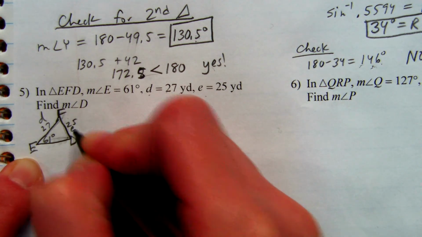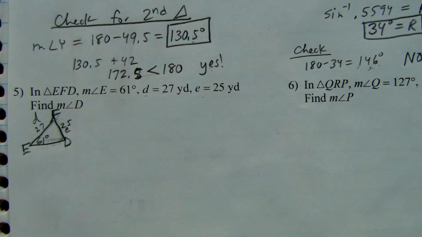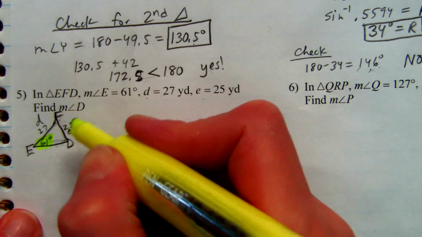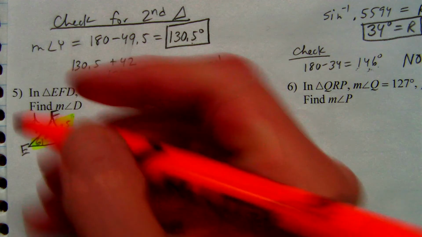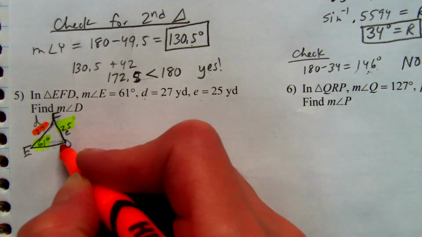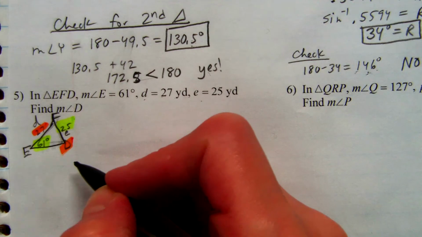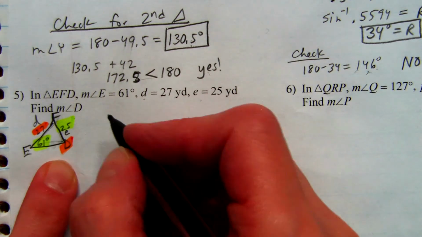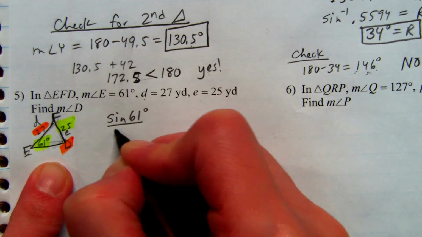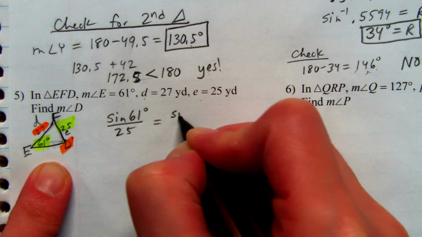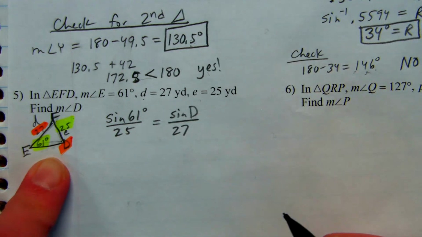I still like to color code this while I'm teaching. The 61 degrees goes with the 25, and the 27 goes with angle D. When we set this up, we'll have sine 61 degrees over 25 equals sine of angle D over 27.